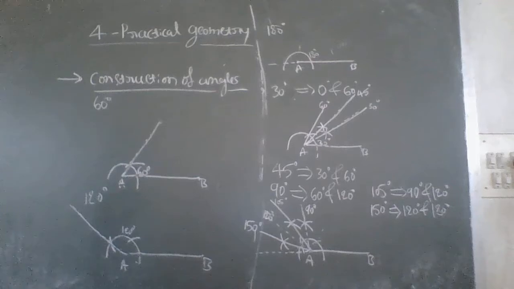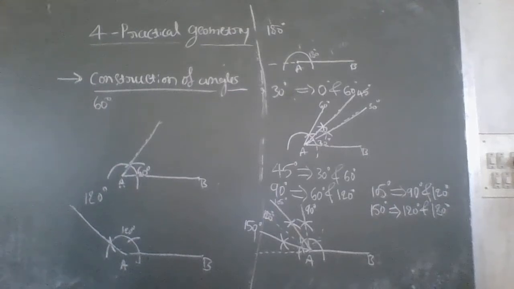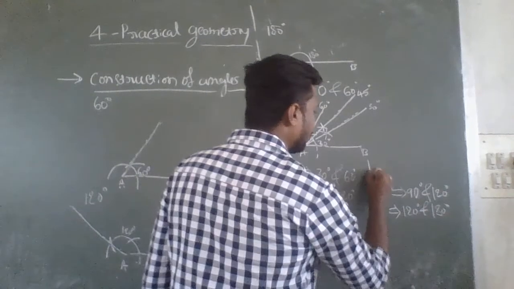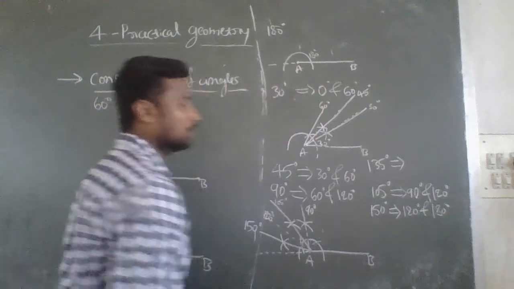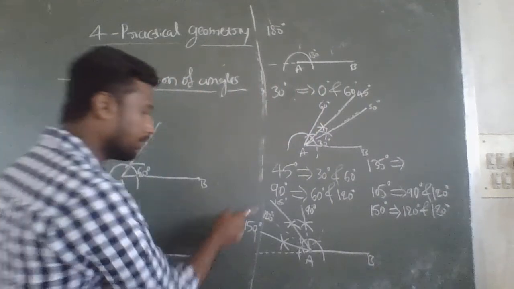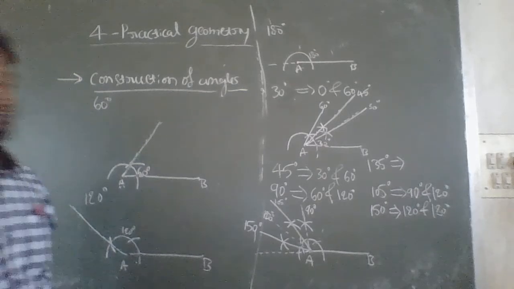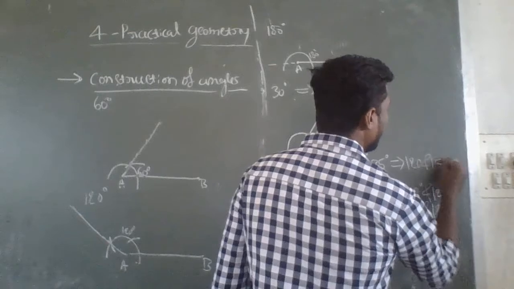Now by using this 120 degree and 150 degree, we can construct 135 degree. How? This 135 degree is between 120 degree and 150 degree. Why?